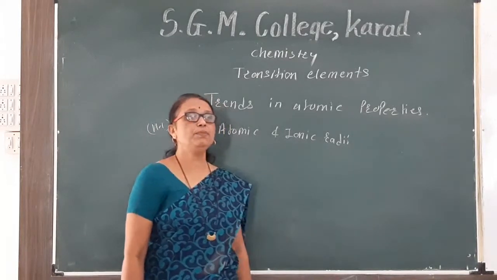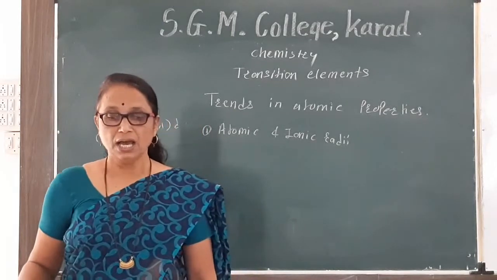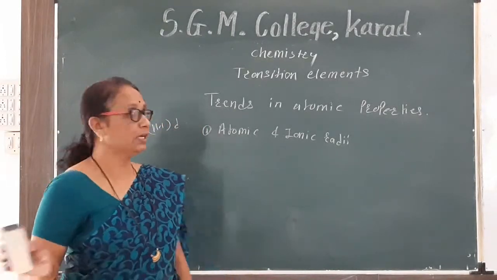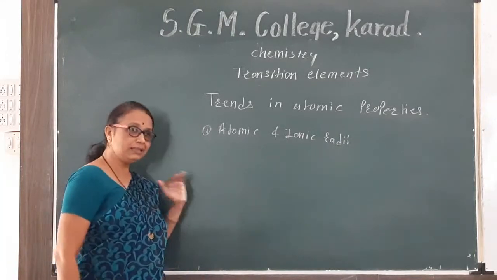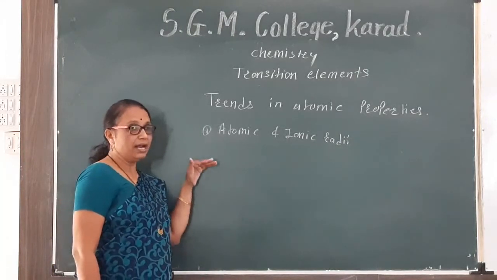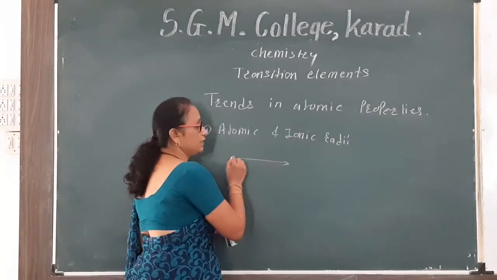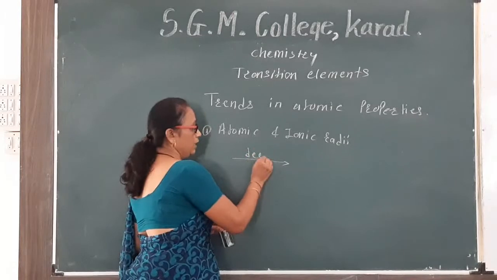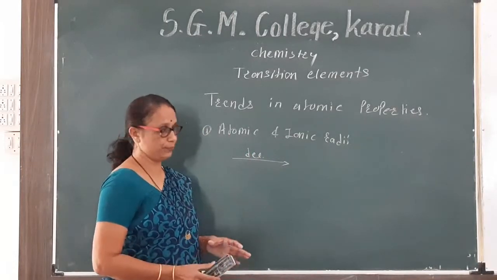The s and p block elements are called normal elements or representative elements. This is the trend in atomic and ionic radii: in short, they slowly decrease from left to right with some irregularities.